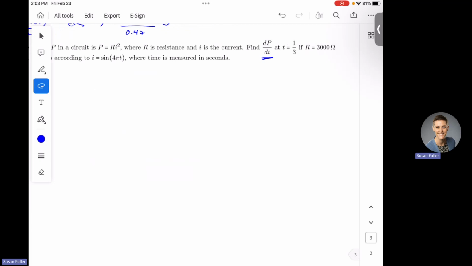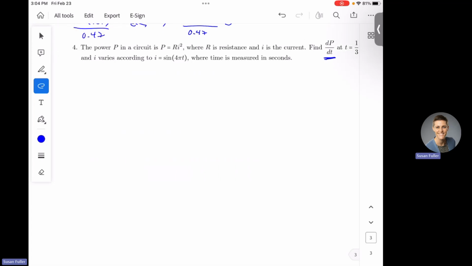If my resistance R is 3,000 ohms, this little omega symbol is just the symbol for ohms. That's the units here. And I varies according to the equation I equals 4 sine of 4 pi t. Here's my t value. So this is what's going to help us get to a variable of t.